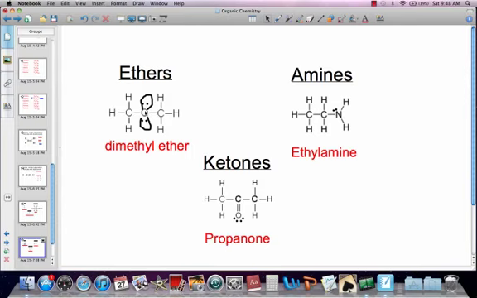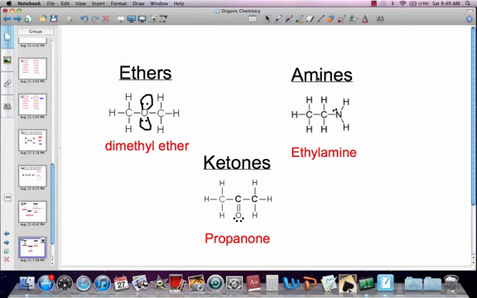When you have an oxygen stuck inside of a carbon chain like this, with your extra pairs of electrons, that's called an ether. This is a methyl, this is a methyl, this is the ether part, so we call it dimethyl ether. If I had an ethyl on this side and a methyl on this side, I would say ethyl methyl ether.